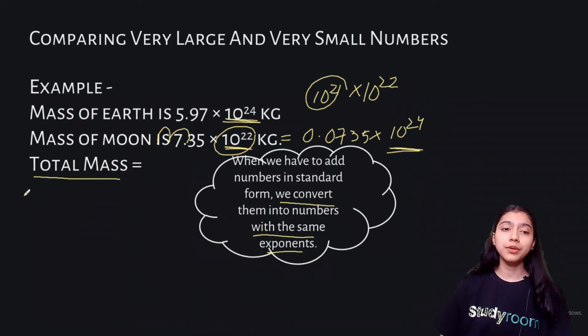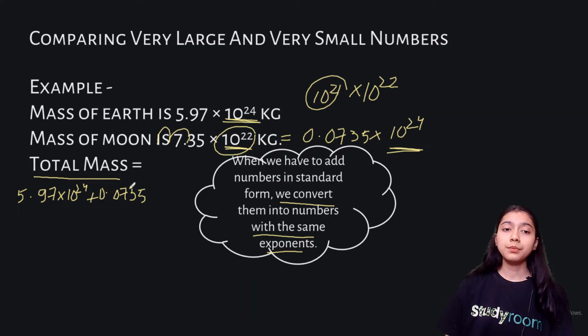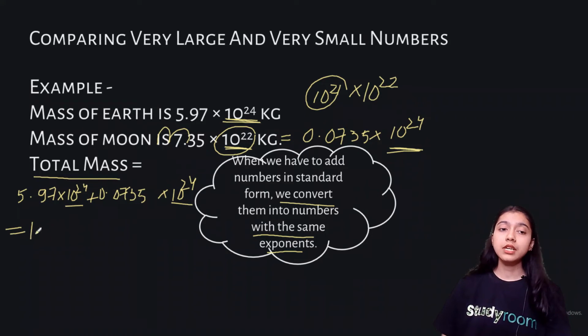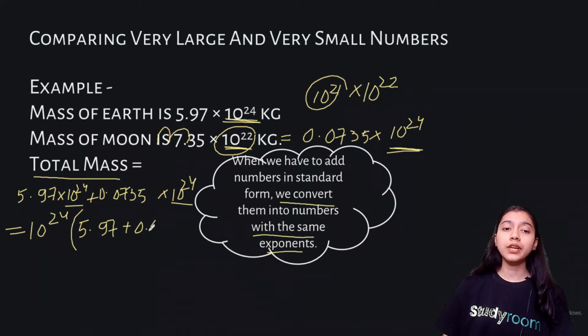Now let's add them up. So we have to add 5.97 multiplied with 10 to the power of 24 with 0.0735 multiplied with 10 to the power 24. The convenience that we'll have is we can take this 10 to the power 24 common from both the terms. So we'll take 10 to the power 24 outside, and we are left with 5.97 plus 0.0735.